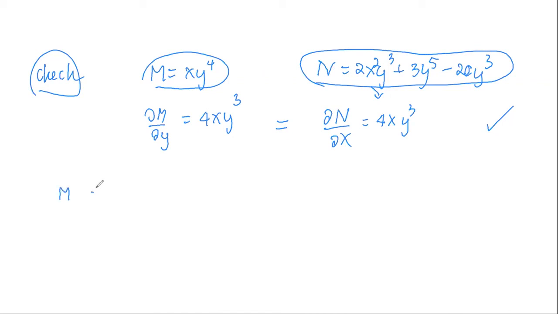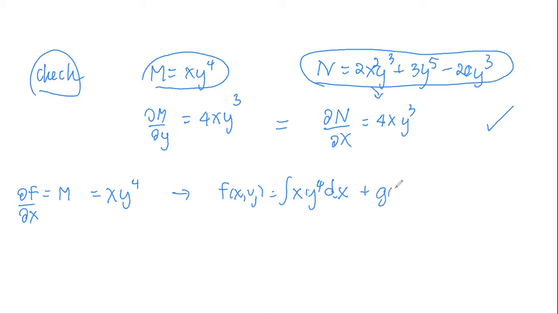M is xy to the fourth, which is the partial of the solution with respect to x. So the solution f of x, y is the integral of xy to the fourth with respect to x, plus the constant of integration.